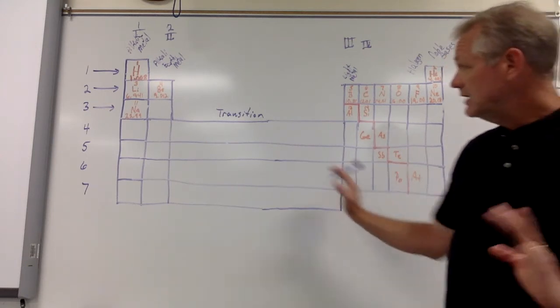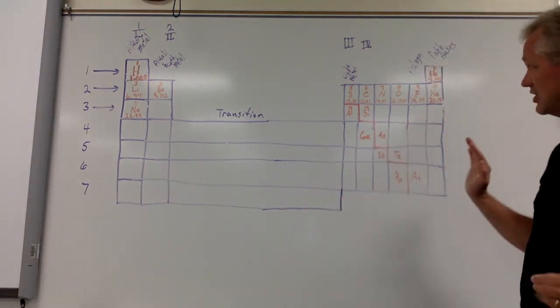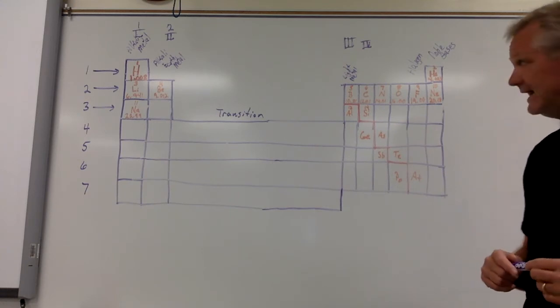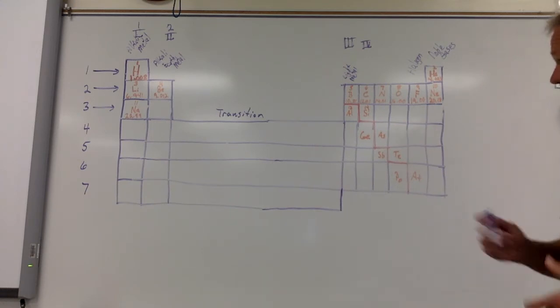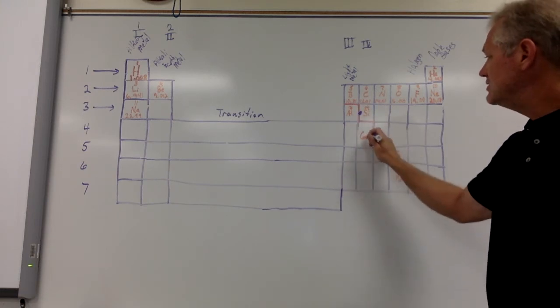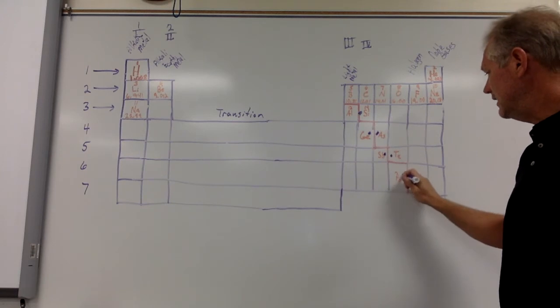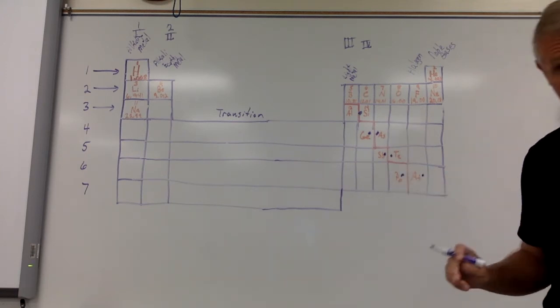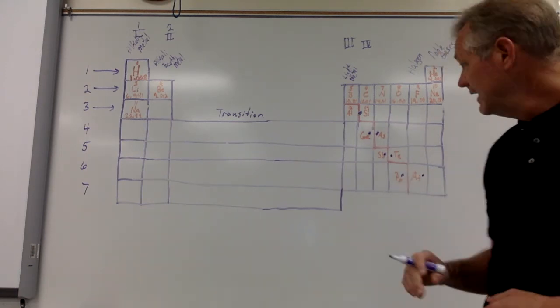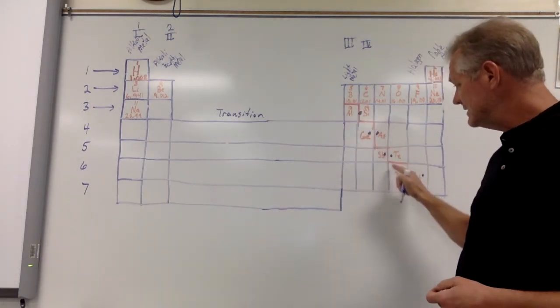So just making sure that everybody has a basic outline or knowledge of how the periodic table is laid out. The next thing I want to do is look over here, and we've got a red stepping stone, and in your periodic table, in your resource packet, it's not a red stepping stone, it's a dark black stepping stone.